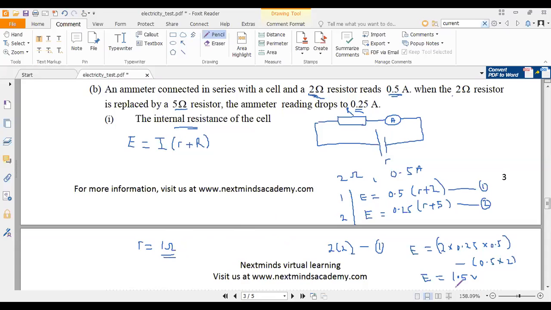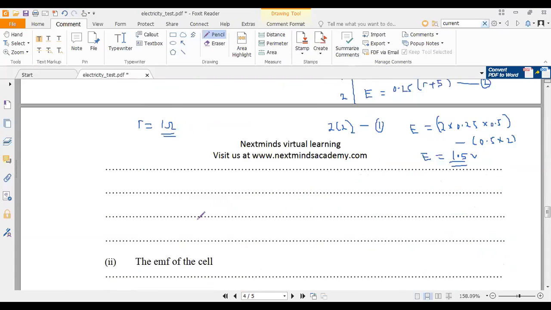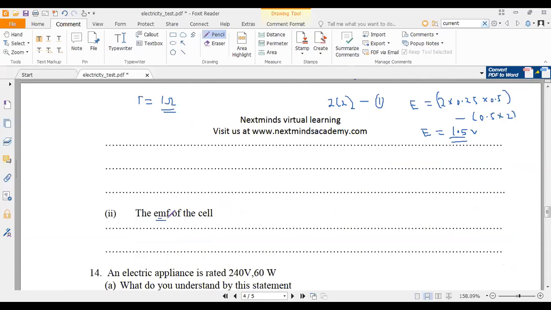But basically the major idea here is that we've solved these two equations simultaneously to find the value of E and the value of the internal resistance. So I think you can see part 2 wanted us to find the EMF of the cell, which we've got as 1.5 volts. And we've also found the internal resistance as 1 ohm by solving the equations simultaneously.